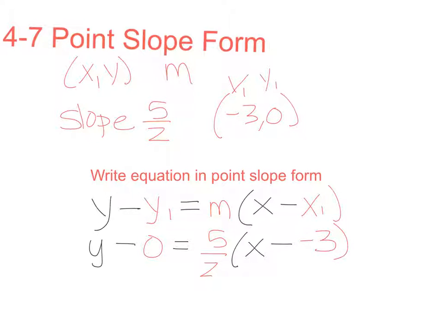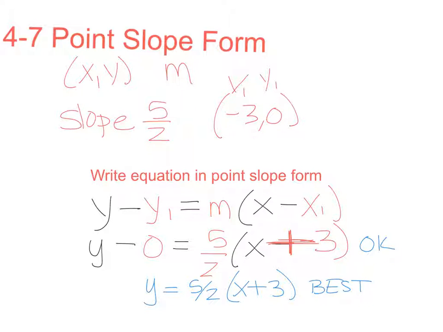Because of that double negative, I'm going to change that to a positive. So you can either leave your answer like this, or since minus 0 means absolutely nothing anyway, we don't even need to have it there. So we could change our answer to y equals 5/2, parenthesis, x plus 3. So this is the best answer you can give me, and this answer is okay.